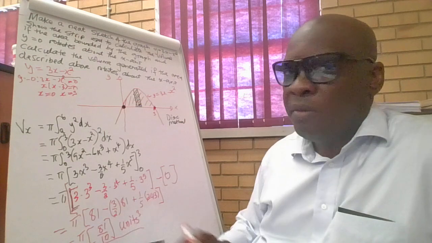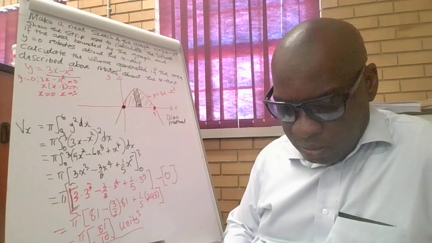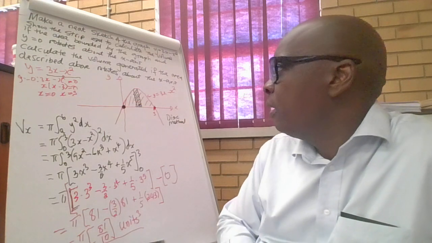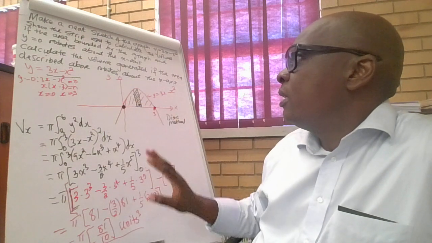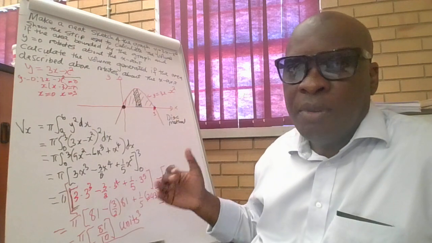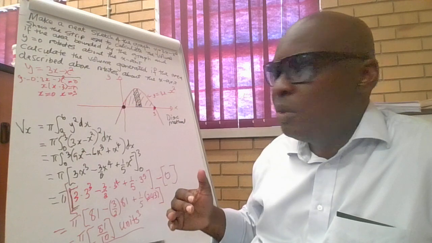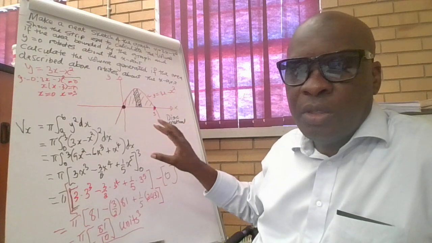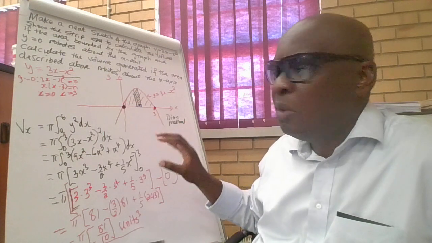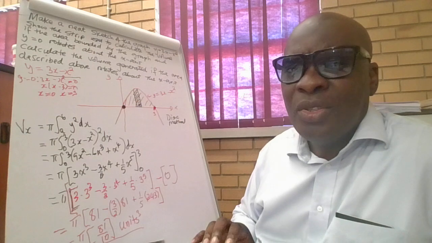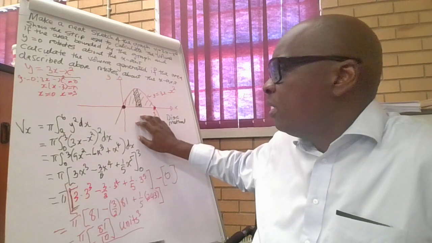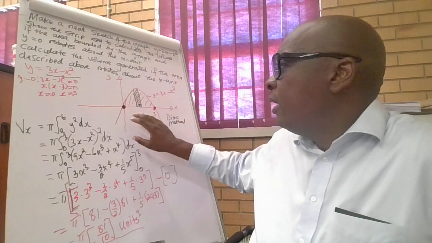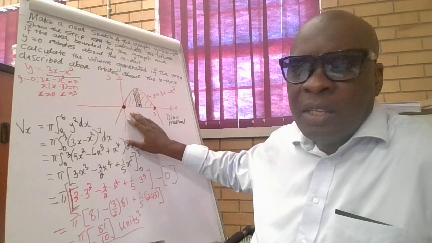You can convert that to a 3 decimal place number. But basically, in a nutshell, for us to calculate the volume, the best way to go is number 1, to sketch. Let us visualize what the question is asking us. Let us show the area that we have, put the correct representative strip and identify the correct limits.